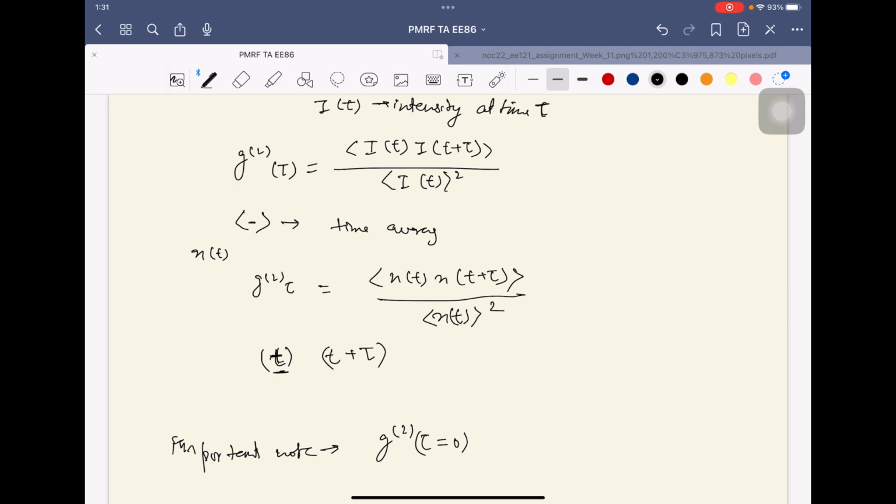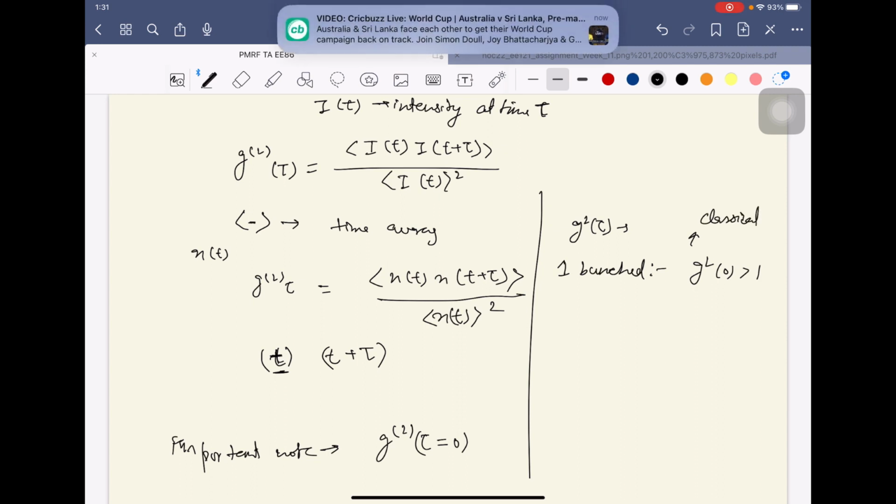So what should be the value of g2(0)? Generally we will see that if the light is bunched, then g2(0) will be greater than 1. This denotes the classical phenomena of light or classical optics.